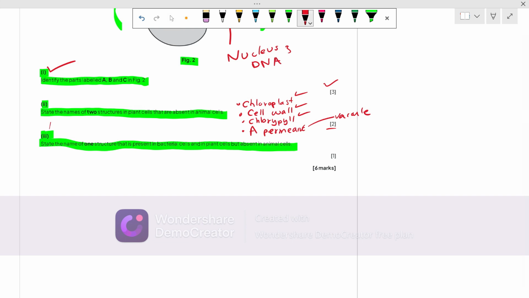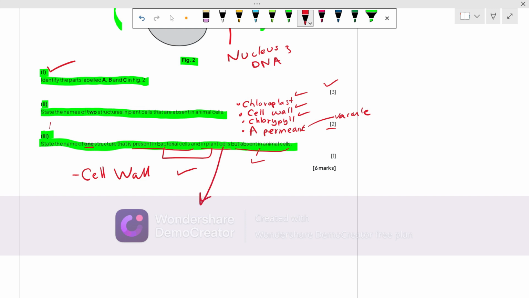State the name of one structure that is present in bacterial cells and in plant cells but absent in animal cells. So it's in both bacterial and plant cells, but absent in animal cells. So it's not present in animal cells, but it's present in bacterial and plant cells. This is the cell wall.